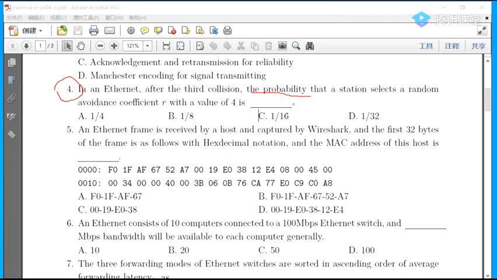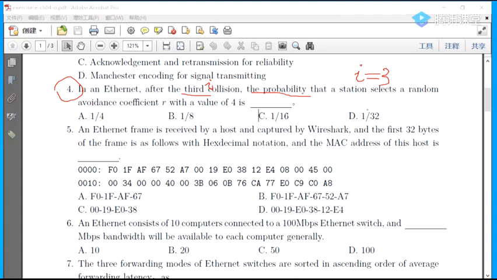Okay, I will illustrate. After the third collision, I will denote the number by i. After the ith collision, here i is 3, right?